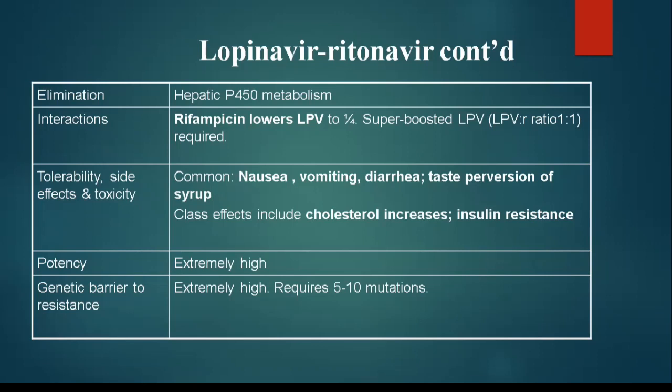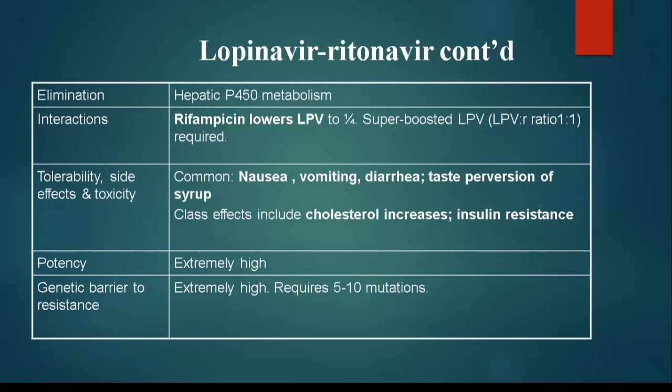And then we look at the side effects and toxicity. The common side effects are nausea, vomiting, and diarrhea. The class effects include cholesterol increases and insulin resistance.